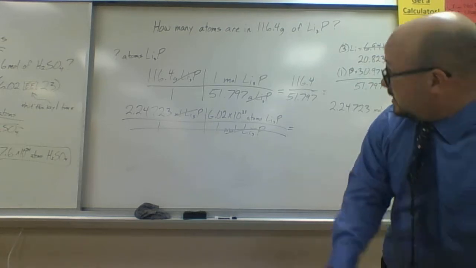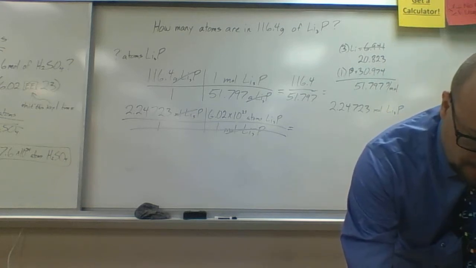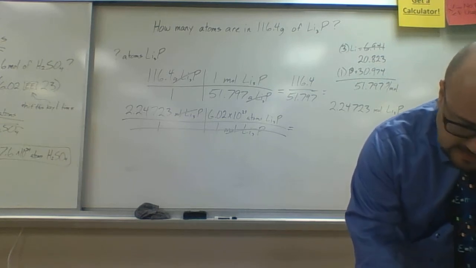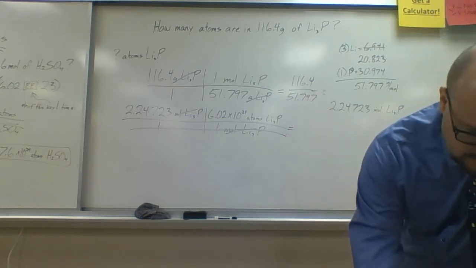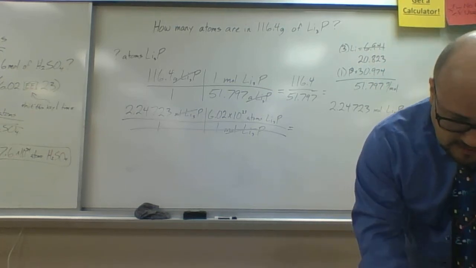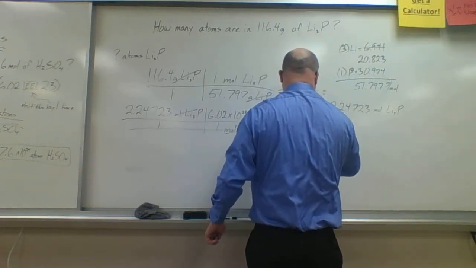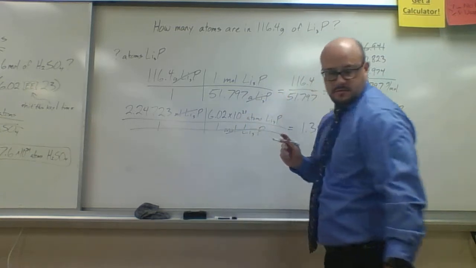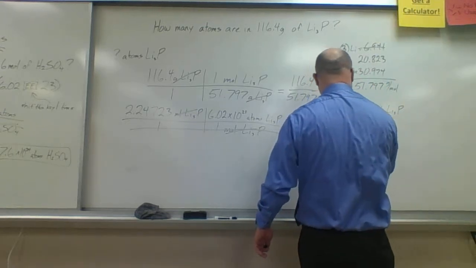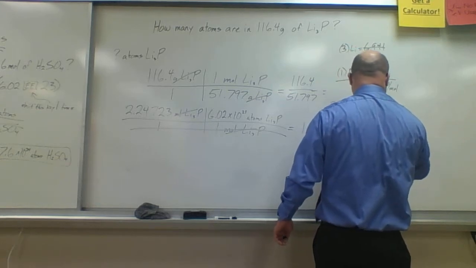Then we're going to multiply straight across. Take our moles, 2.24723, times, open parentheses, 6.02 EE, we're going to hit that button one time, and then 23, close parentheses. And that's going to give us 1.35284 times 10 to the 24th atoms.